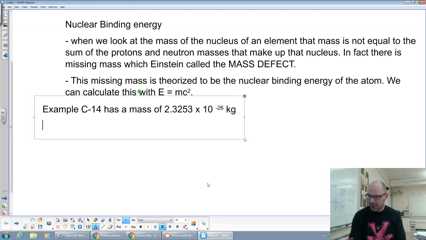We remember that a proton is 1.6726 times 10 to the negative 27 kilograms.